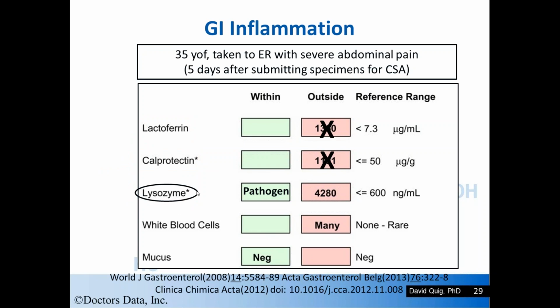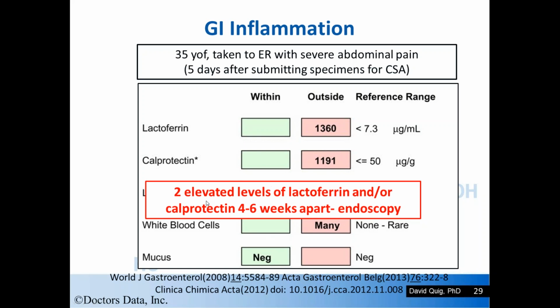On the other hand, when we see just lysozyme elevated and not the IBD specific markers, that's typically associated with an enteropathogen, and we'll see very high levels of lysozyme. So very helpful in distinguishing organic IBD versus more transient pathogen-induced inflammation.